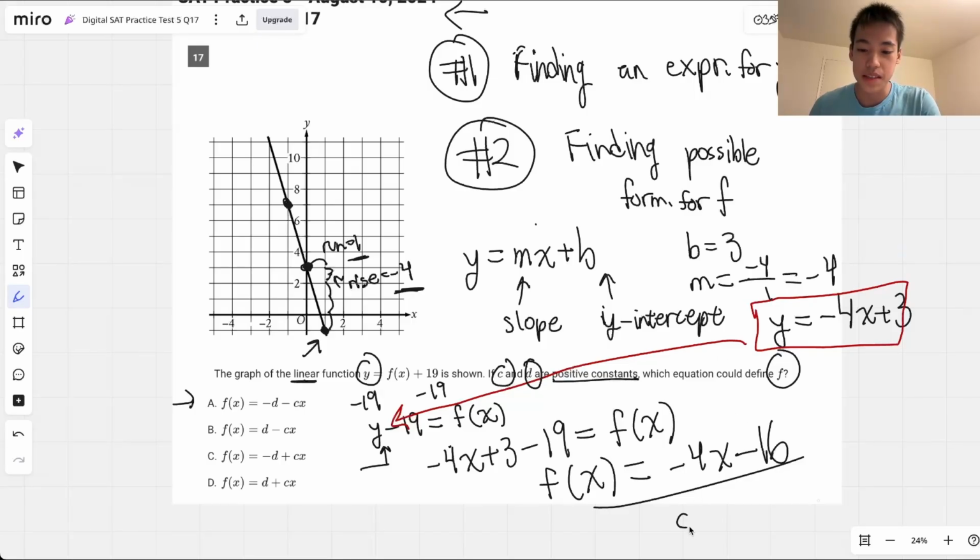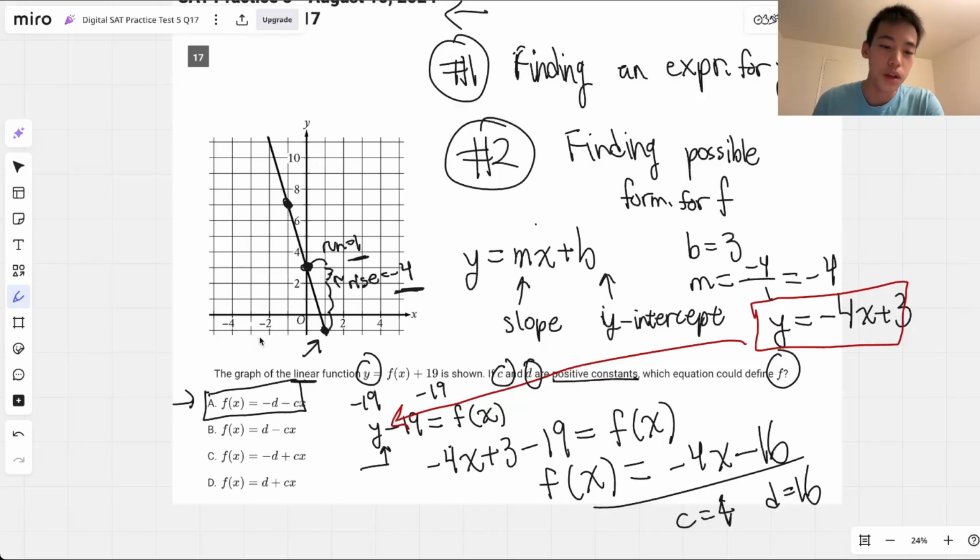So here we can see that c equals 4 and, oh, my bad, c equals 4 and d equals 16. So we can confidently say that A is the correct answer.